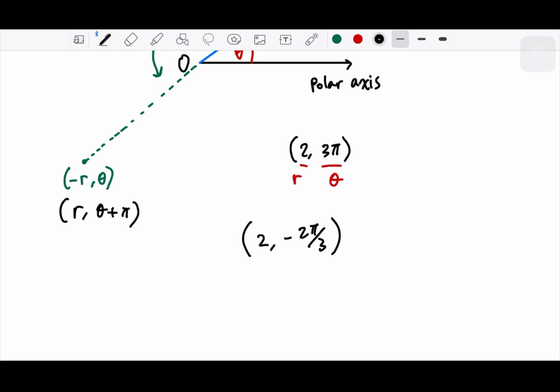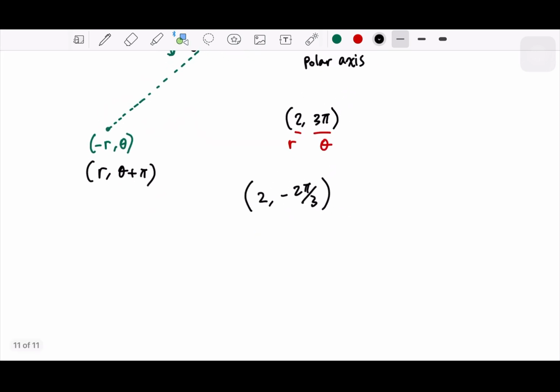Okay, like I said before, if we have a negative on the angle, then let's say this is the polar axis, and we are going from the polar axis clockwise. So we are going here, and let's say this is −2π/3, maybe around here.